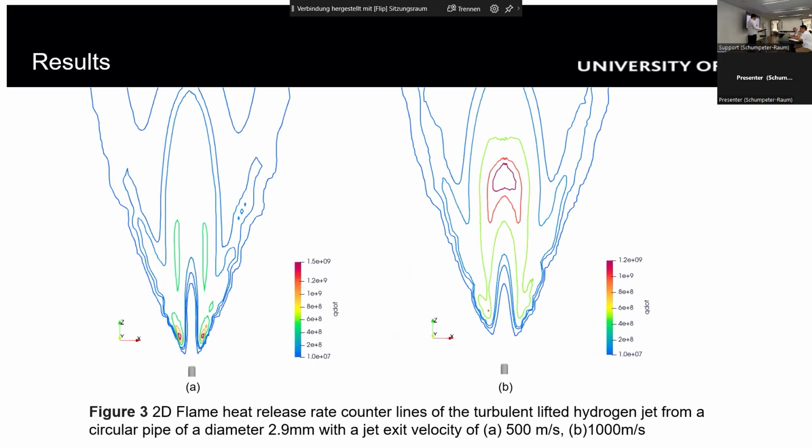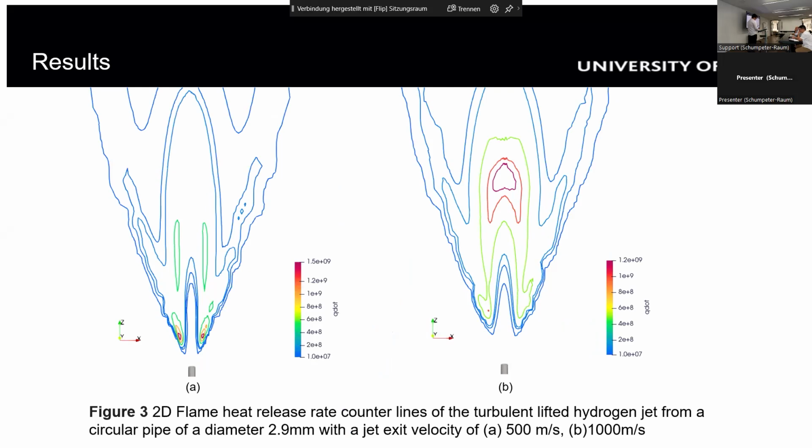And here the slide displays 2D heat rate contour lines for different jet velocities. It's evident that there are differences in heat rate distribution between the 500 meters per second and 1,000 meters per second cases.